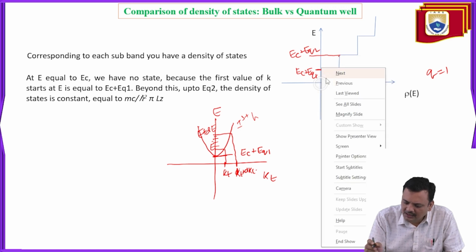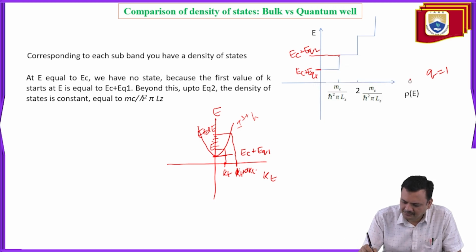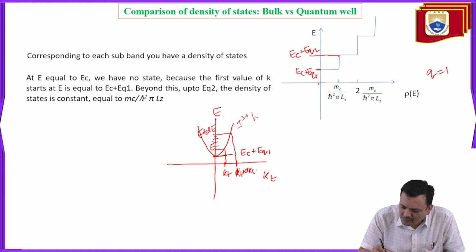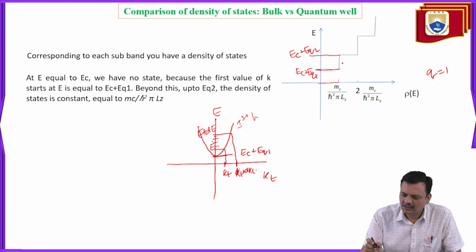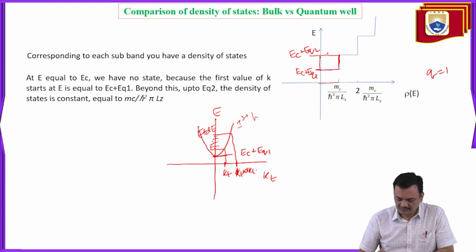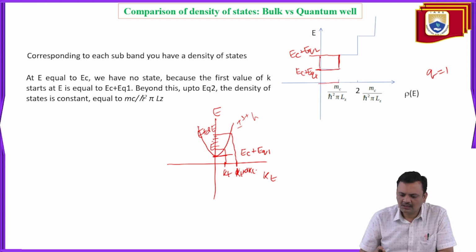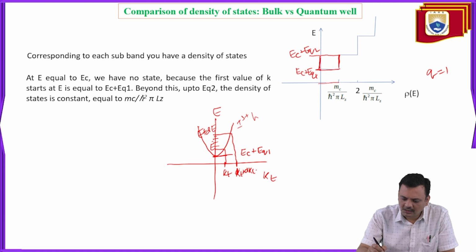Up to this range, the density of state value in this region, the available energy states from EC plus EQ1 to EC plus EQ2 will be constant.